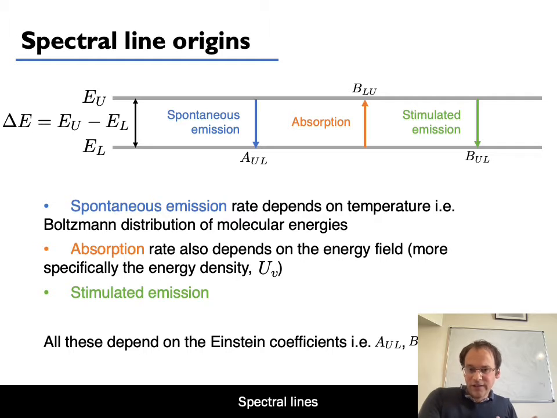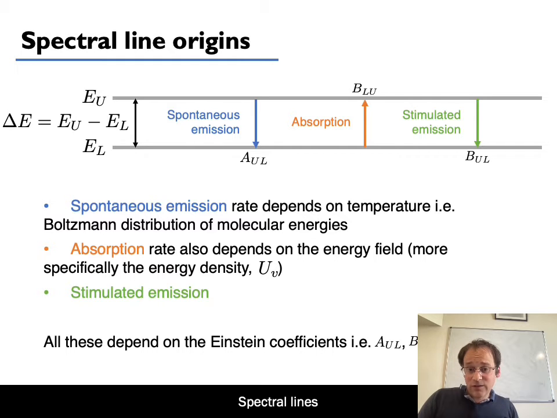Now, in addition to that random emission that occurs in isolation, molecules and atoms can also absorb and emit photons through interaction with the background radiation field. Absorption occurs exactly as it sounds: an incident photon from the background radiation field of the right energy will be absorbed and excite the molecule from a lower state to an upper state.